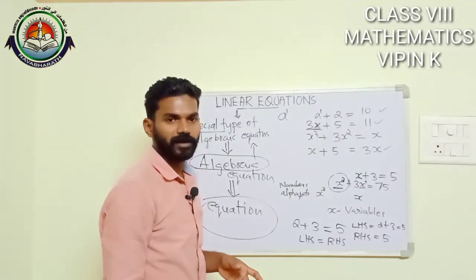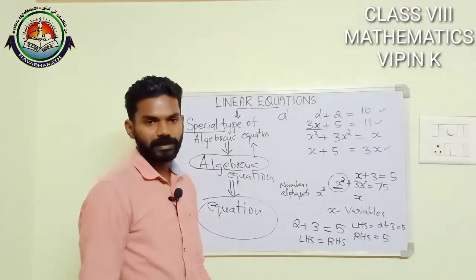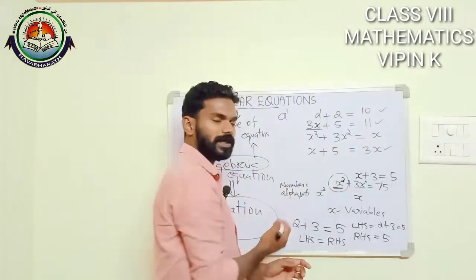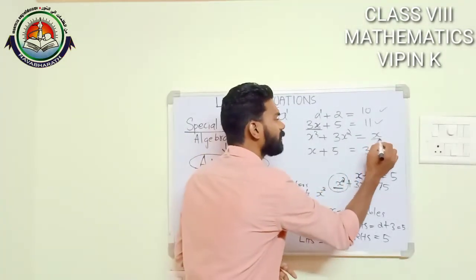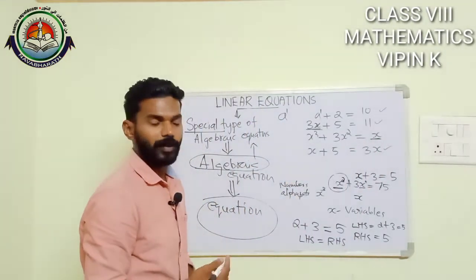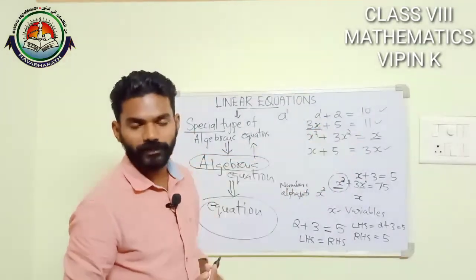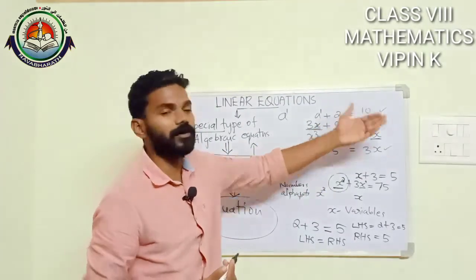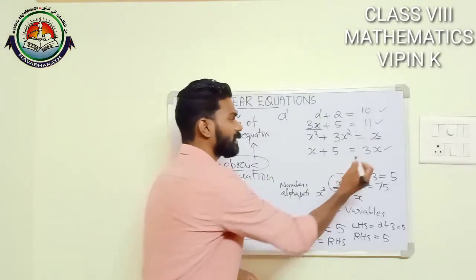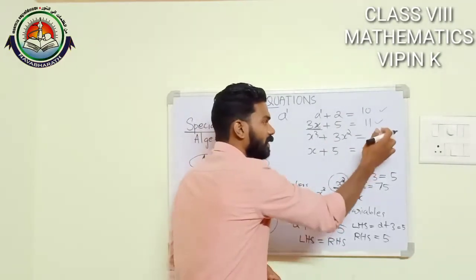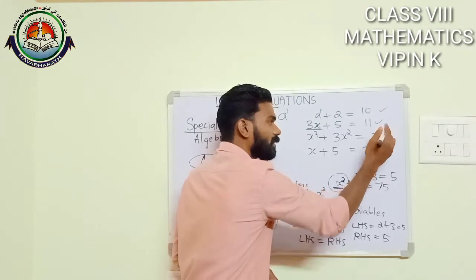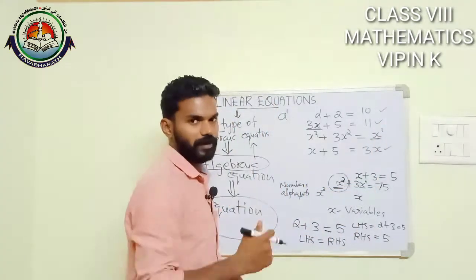Okay. Now look at the third equation. In the third equation, the variable is x. But you can see that there are different powers of x. What is the power of x here? Since there is no number, it represents first power or 1. Okay.